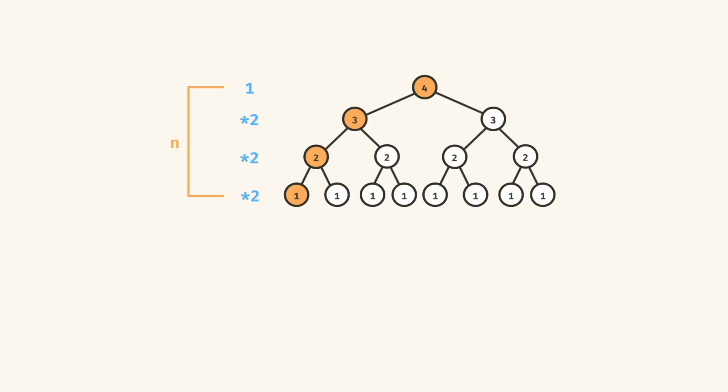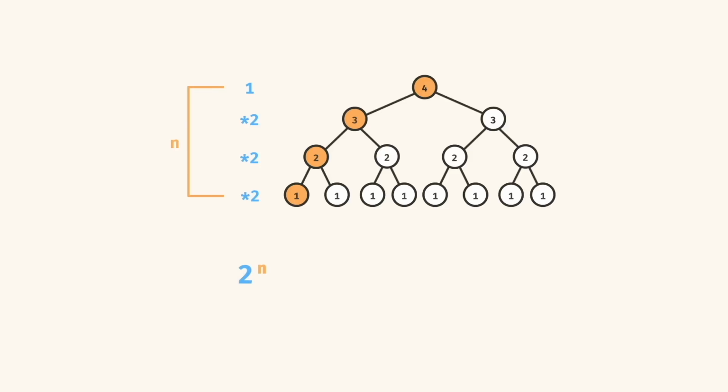So it's pretty clear that when it comes to figuring out the total number of nodes in this tree, which implies the total number of recursive calls we make for this toy problem, it looks like I would multiply 2 by itself n times over, which is the definition of an exponential, 2 to the nth power. Cool.